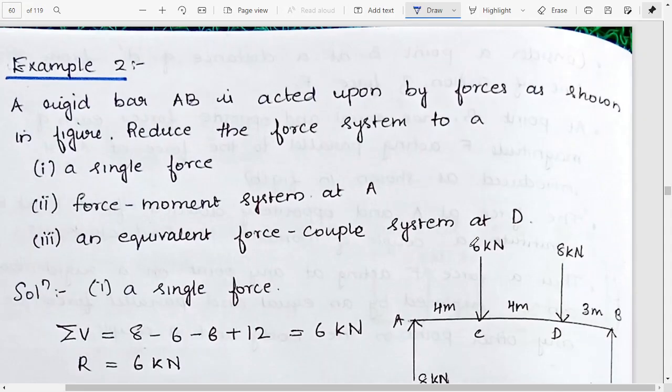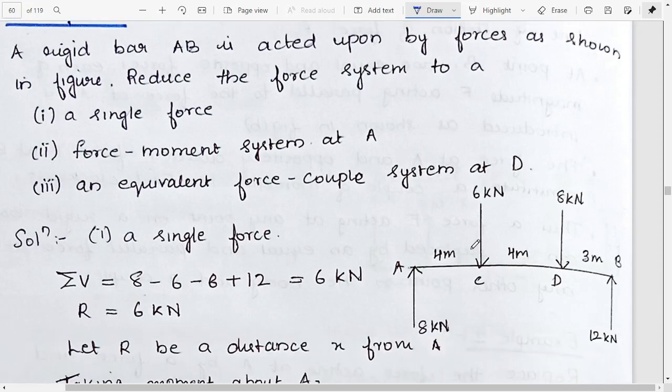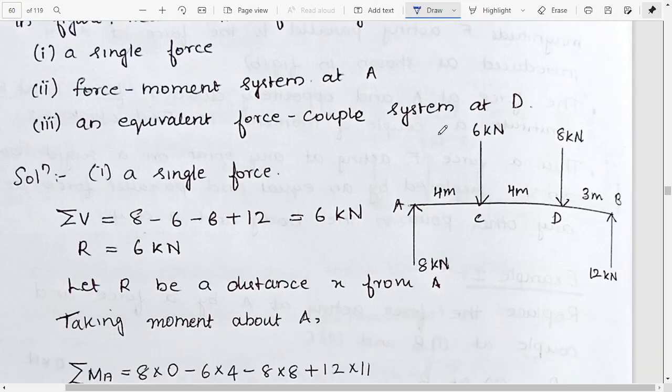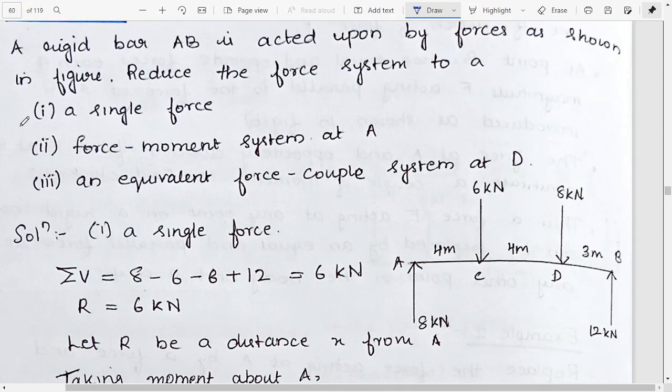Now let us move to example number 2. A rigid bar AB is acted upon by forces as shown in figure. We need to reduce the force system to a single force moment system at A, and an equivalent force couple system at D. So it is a complicated problem because there are a lot of forces acting.